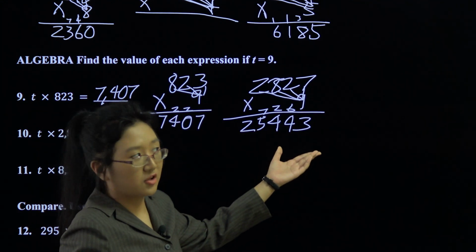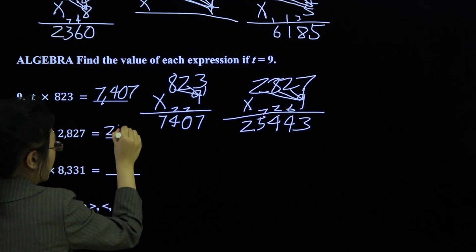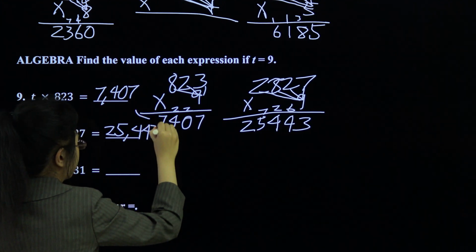Well, there's nothing in the 10,000s place, so you just drag it down. You get 25,443.